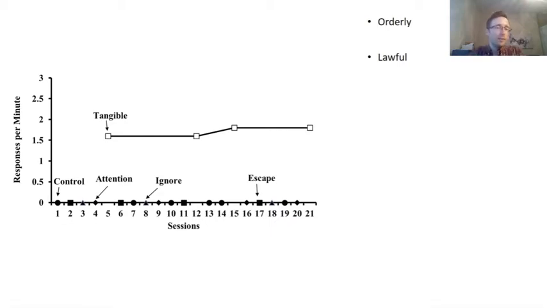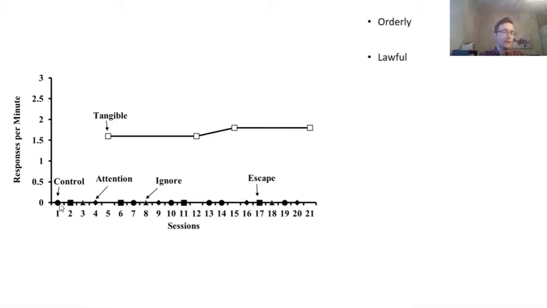And if behavior wasn't lawful, that is, if there weren't natural laws that govern or control behavior, then it's really unlikely that this analysis would have been able to demonstrate experimental control over the behavior.